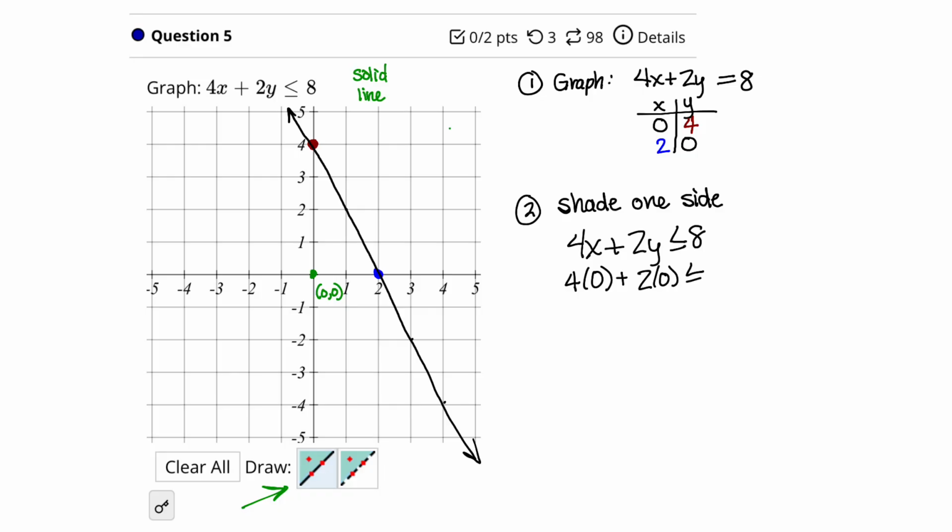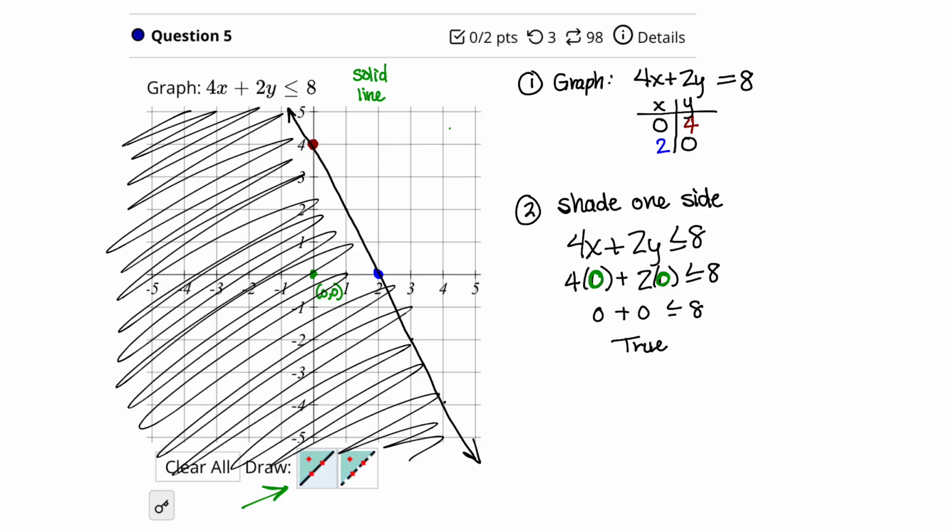Is that less than or equal to 8? These zeros came from that green point over there. So we have 0 add 0 less than or equal to 8, and that is true. So the green dot has to be in the shaded part. So you would just click over on the left side of your graph someplace, but I have to shade it. Okay. All right, another one.